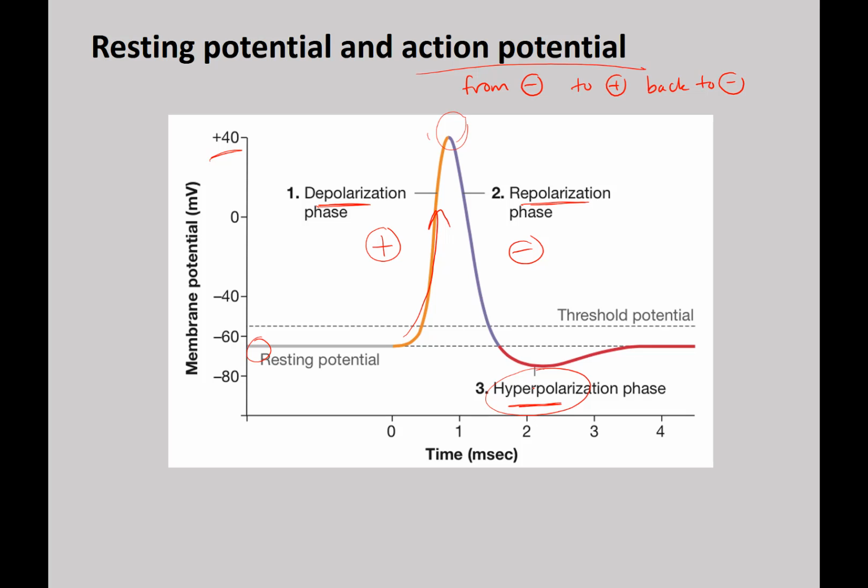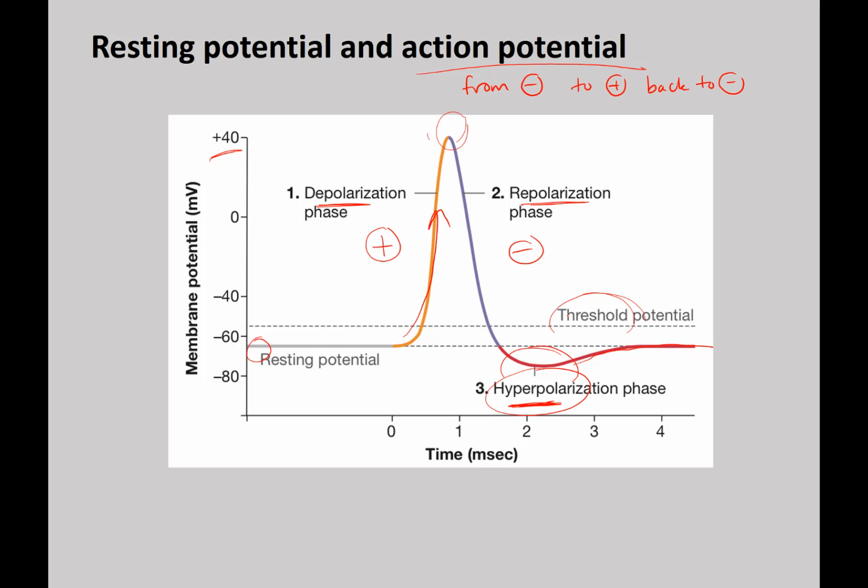As the membrane potential is becoming more negative, it actually overshoots the resting potential a little bit based on the ion channels that are opening and closing, so you get a little bit too negative, and then the membrane comes back to its resting potential.